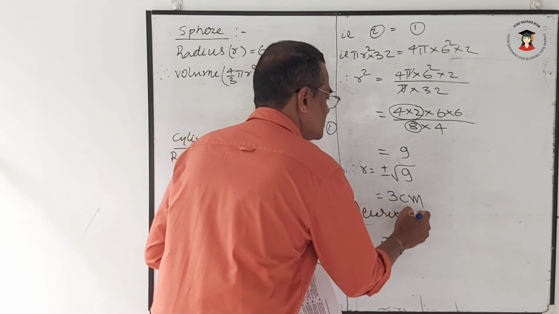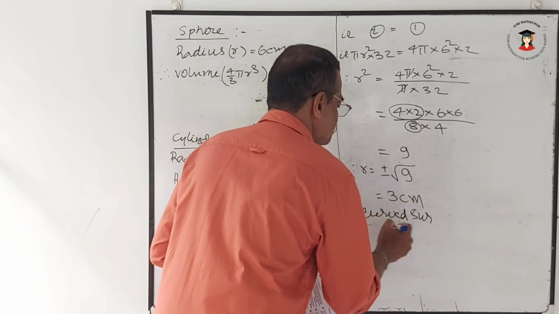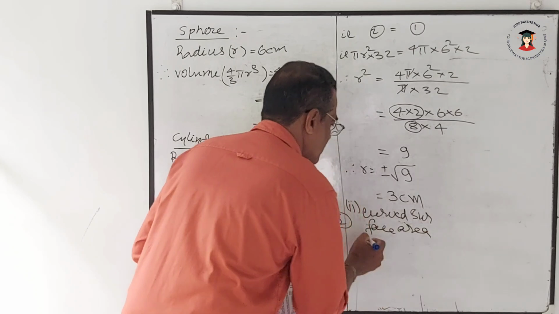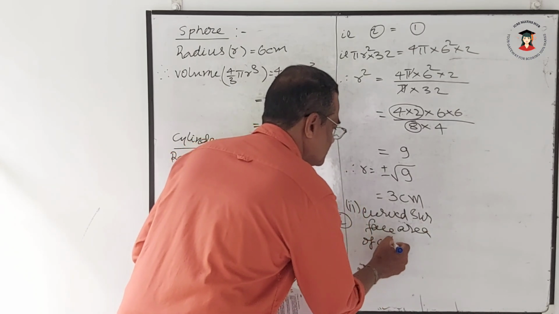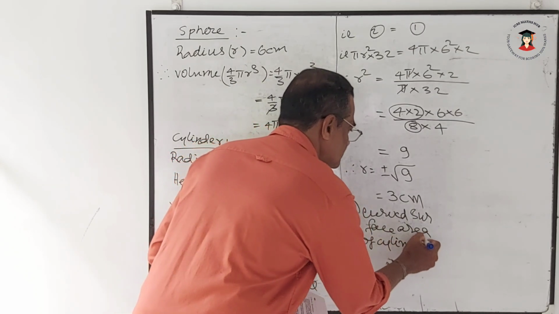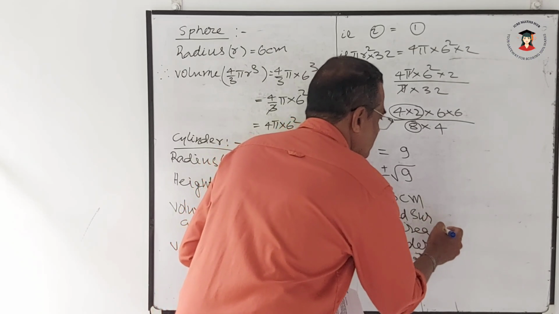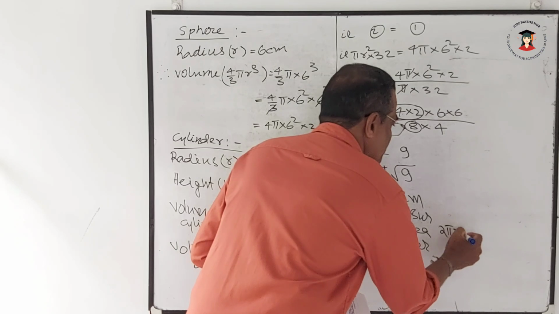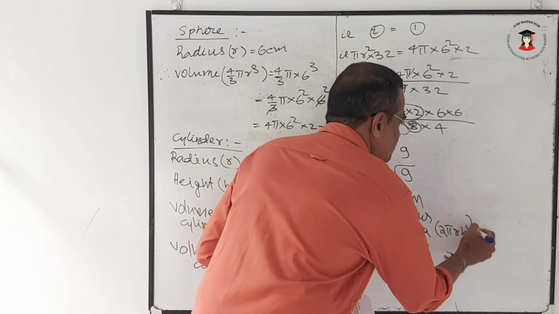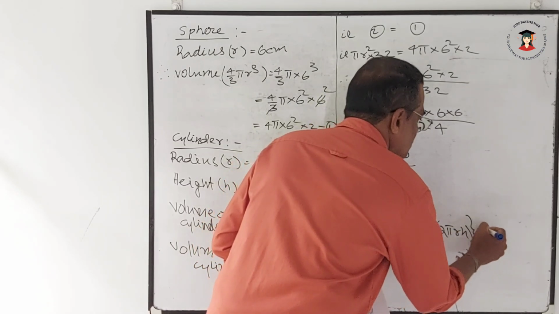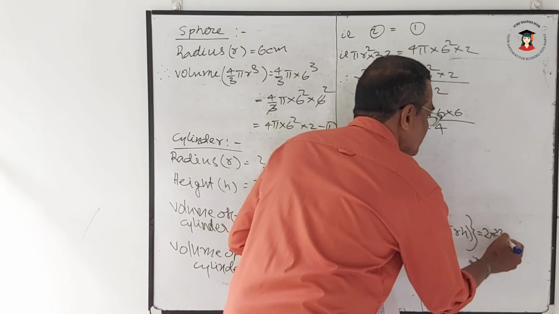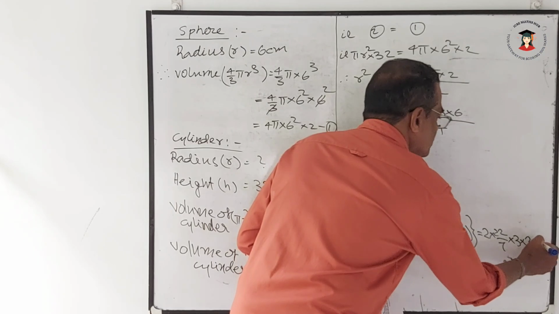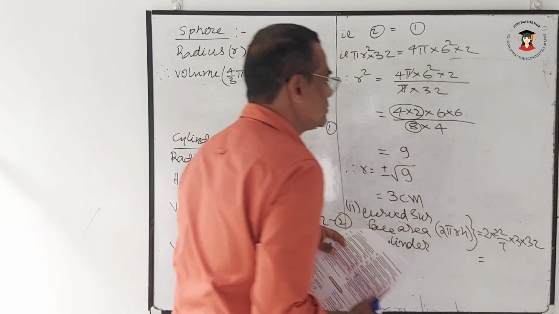And the second part is the curved surface area of the cylinder. The formula is 2 pi r h, equal to 2 into 22 by 7 into 3 into 32.